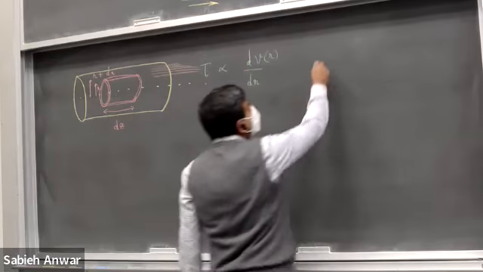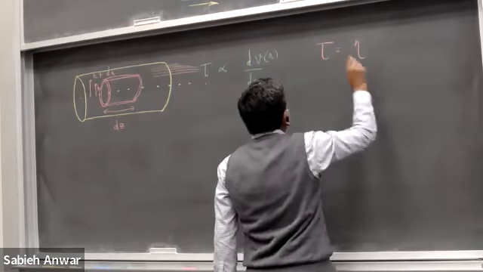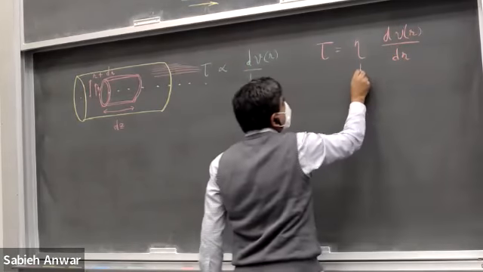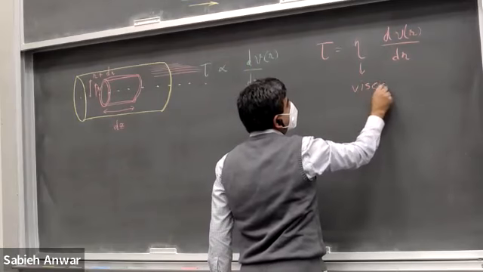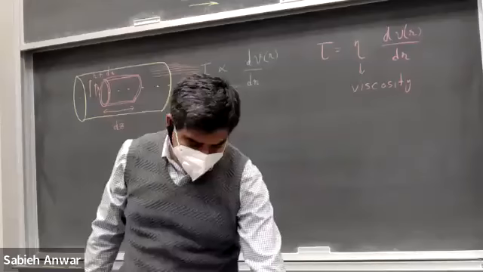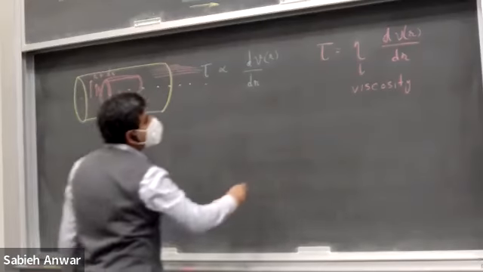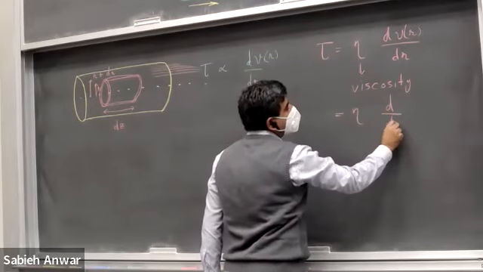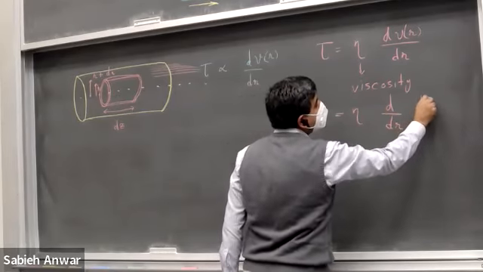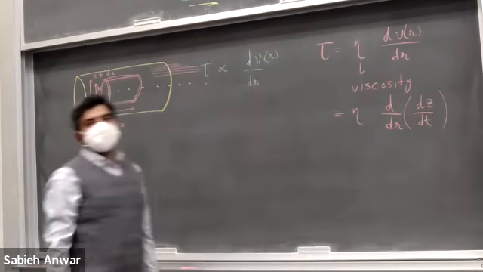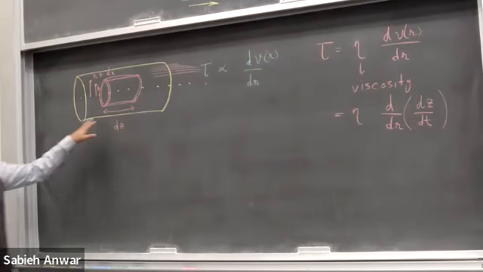And I can put in a constant of proportionality. This constant of proportionality is generally called the viscosity. Remember that this v(r) is really dz by dt. How does the fluid advance in the z direction with respect to time?